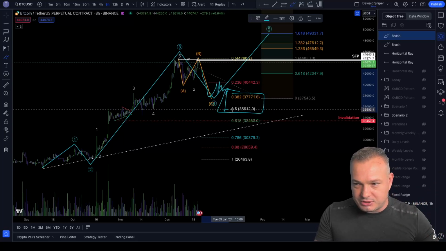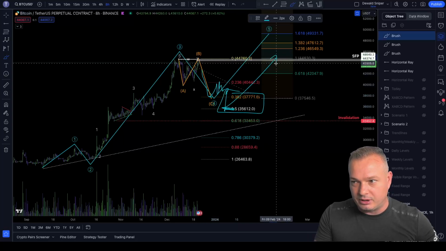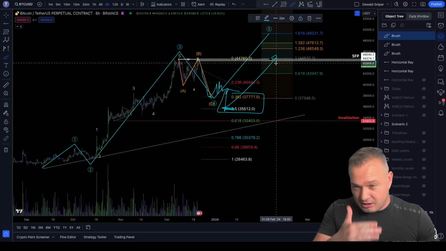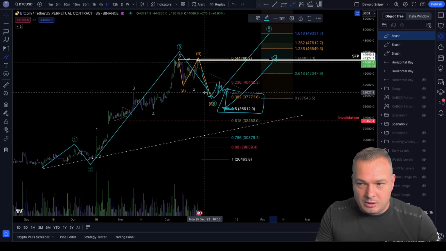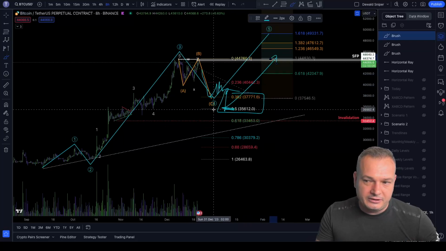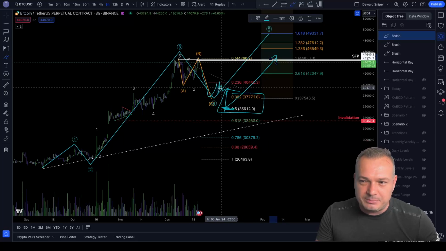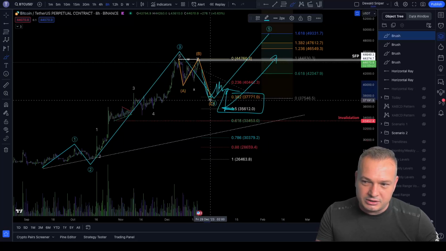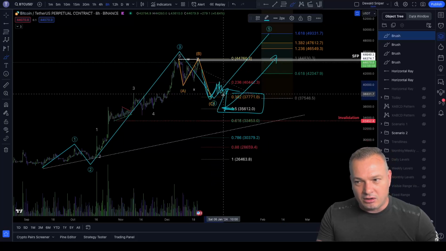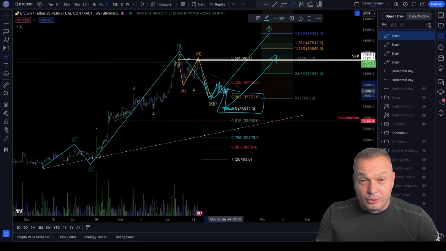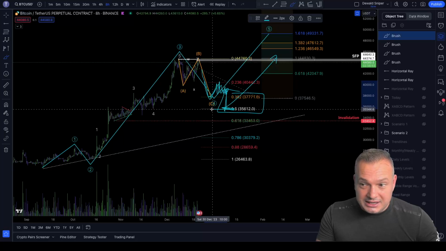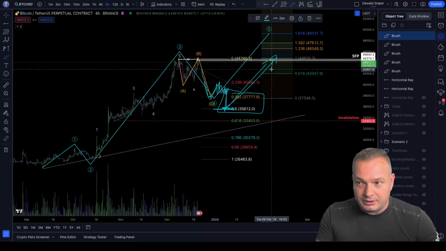It comes and it grabs the liquidity, it bounces on the 0.5, and then it shoots up. I have seen that happen often. But we could also come and bounce on the 50% and then bounce 0.382 and then bounce. But from a probability perspective, I like to see the bounce on the 0.382, and then lastly, when the range is finished, you grab the liquidity at the bottom and then you move up.